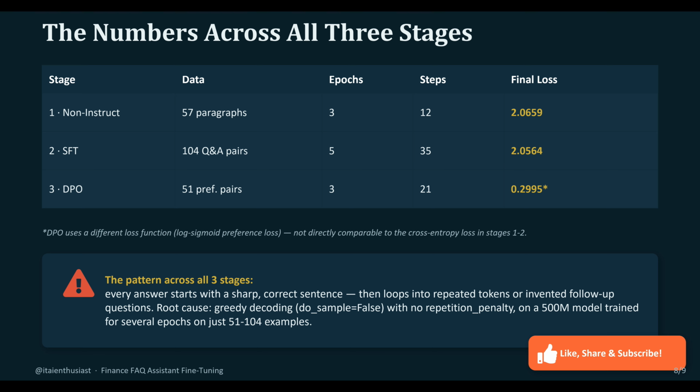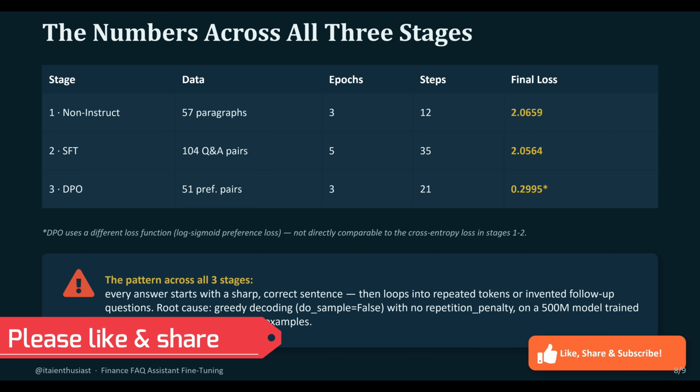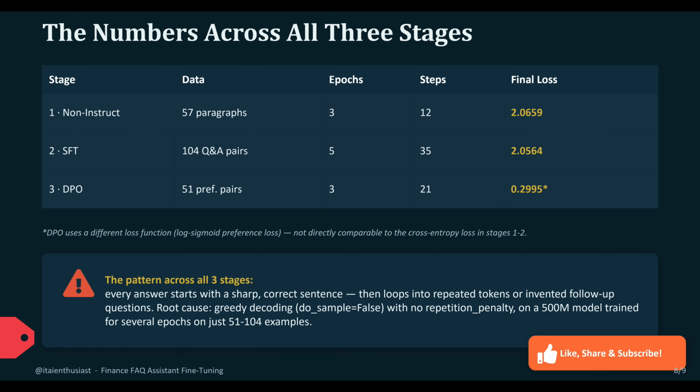It's greedy decoding with no repetition penalty on a tiny model trained for multiple epochs on a tiny dataset. Textbook overfitting plus no repetition guard. I'll show you exactly where in the generation call this happens.